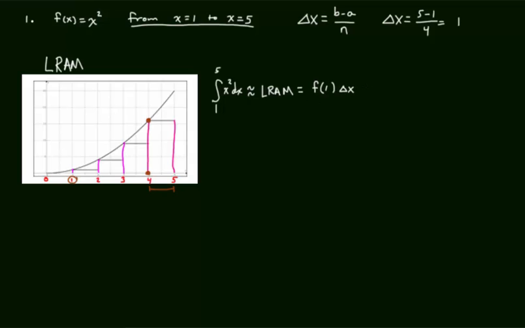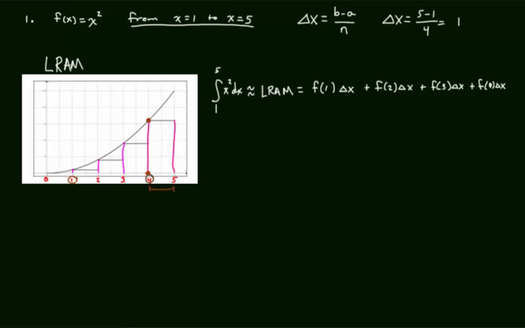Now we'll go to the next rectangle, which will be f of the respective left, which is 2, times change in x, plus f of 3 times change in x, finally plus f of 4 times change in x. And we stop there because the f of 4 will give us the height of the last rectangle.